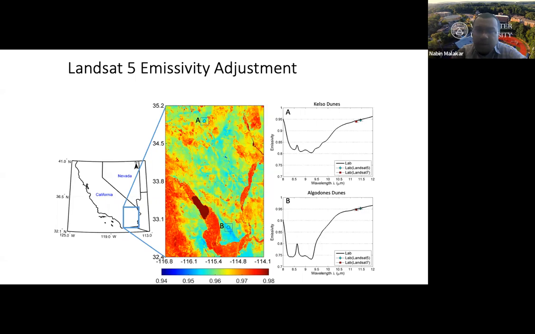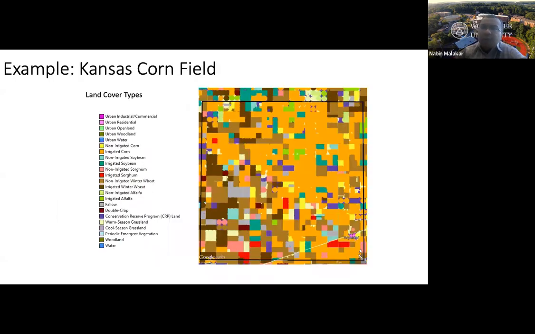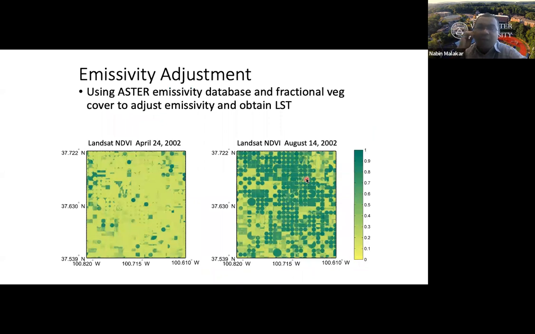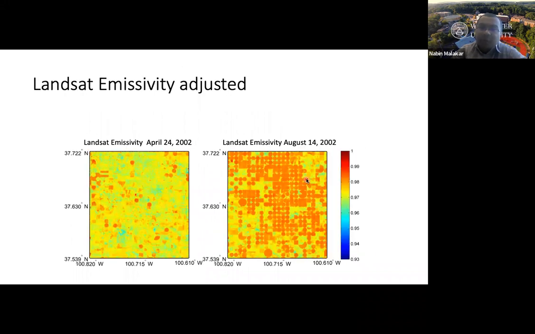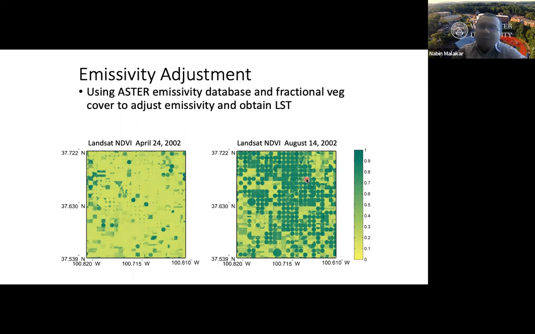If you are looking at your crop field, for example in Kansas, we looked at a site, and over here this is irrigated corn. To find its emissivity, you can look at the NDVI to figure out how green the field is, and you can adjust the emissivity based upon the radiance that you're looking at.